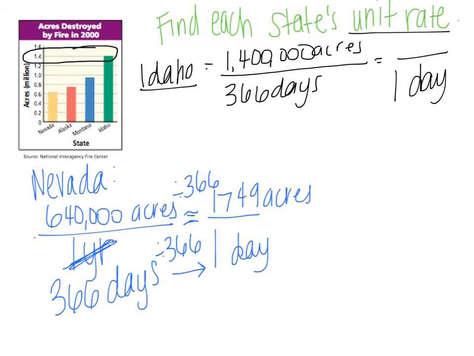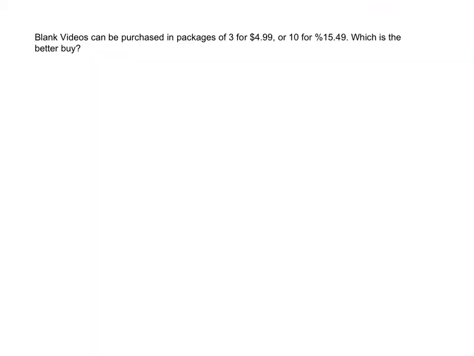How many acres in 1 day? Again, you're dividing the top and bottom by 366. So you should have gotten about, again, we're doing an estimate, 3,825. Now, if you look here, this number is bigger than the one with Nevada, which makes sense because in this bar graph, it's bigger than Nevada.